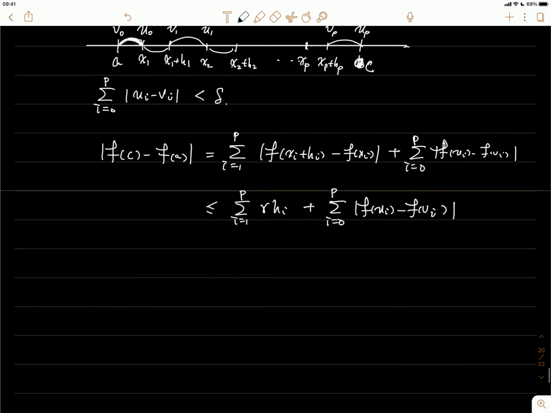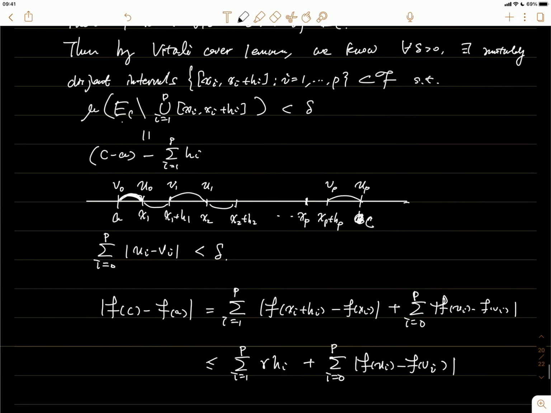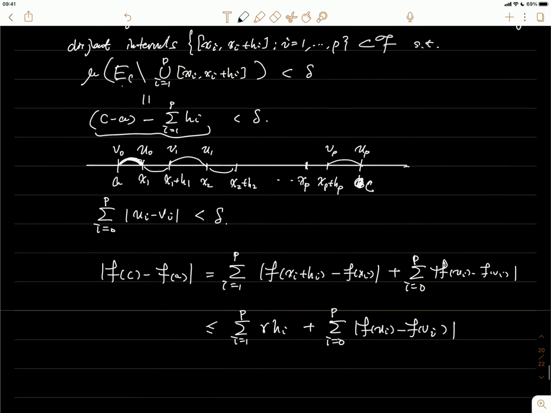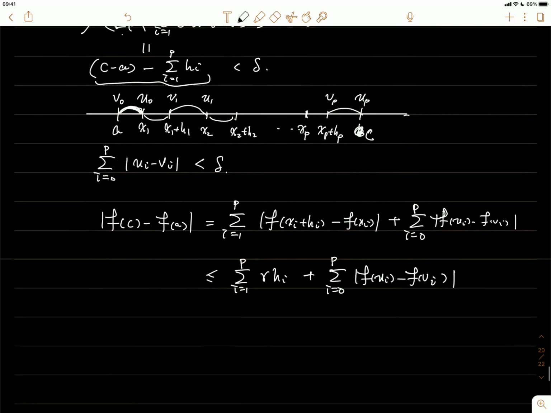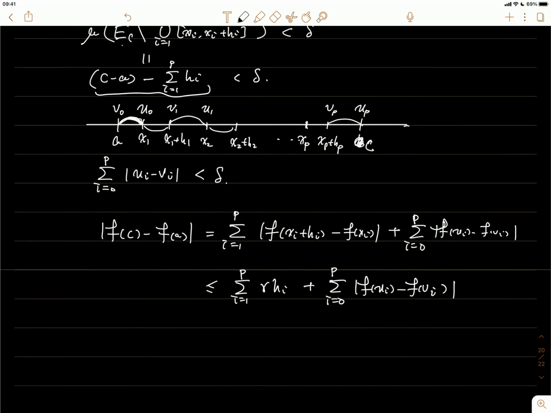All right, and then I know that the sum of h_i's satisfies this. This is less than delta. And that means the sum of h_i itself must be greater than or equal to 0.